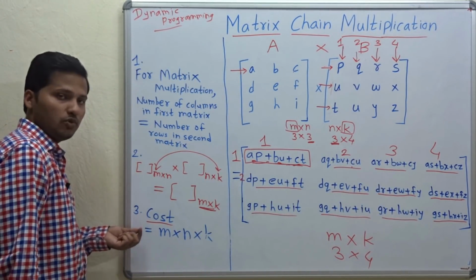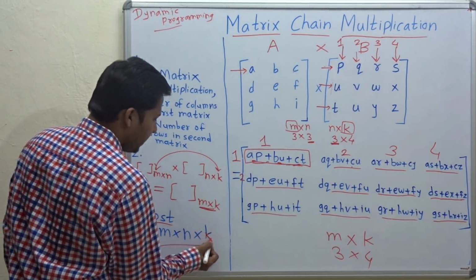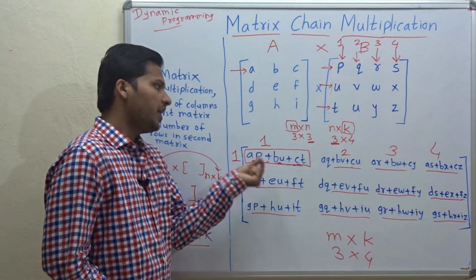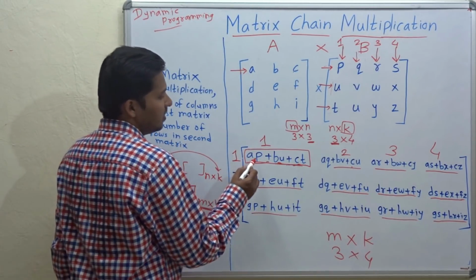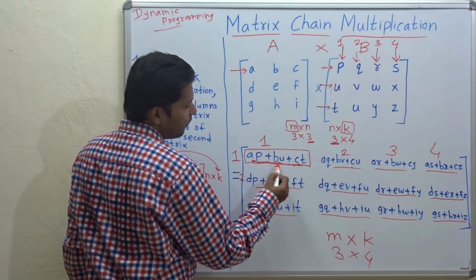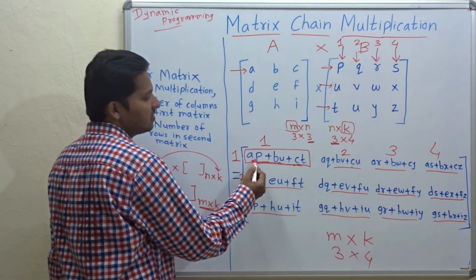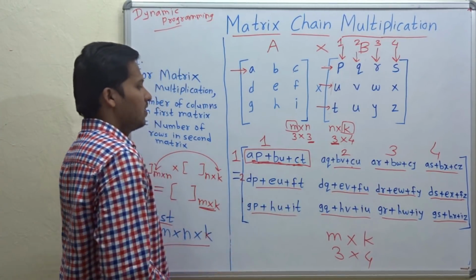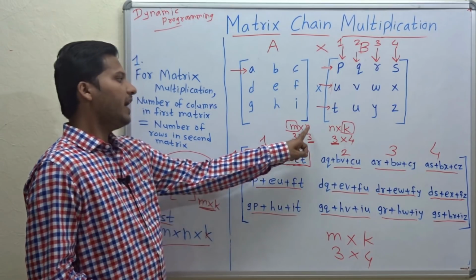Now the third rule, how to find out the cost. For finding out the cost, you have to find out the number of multiplications taking place. So for one cell, how many multiplications take place? 3 multiplications here. What is the meaning of 3 multiplications? It is equal to n.